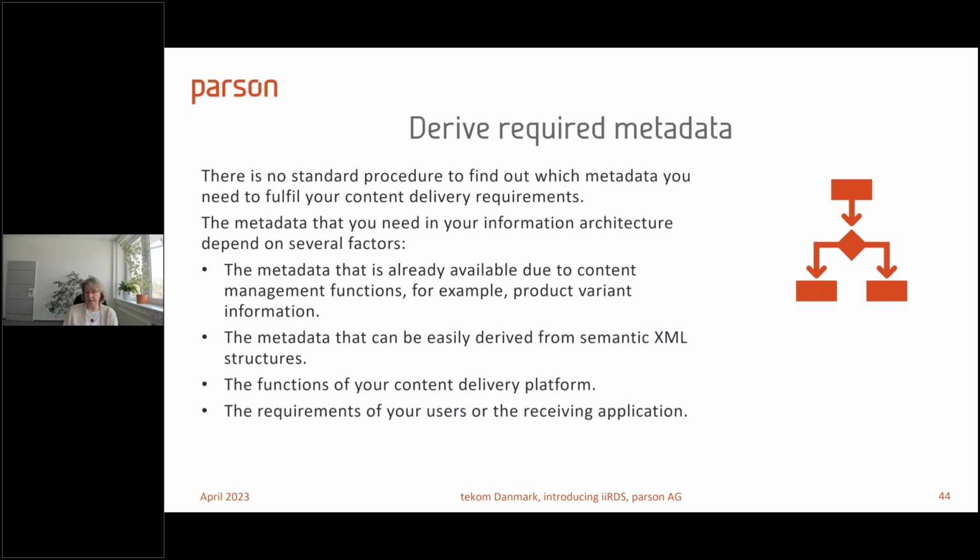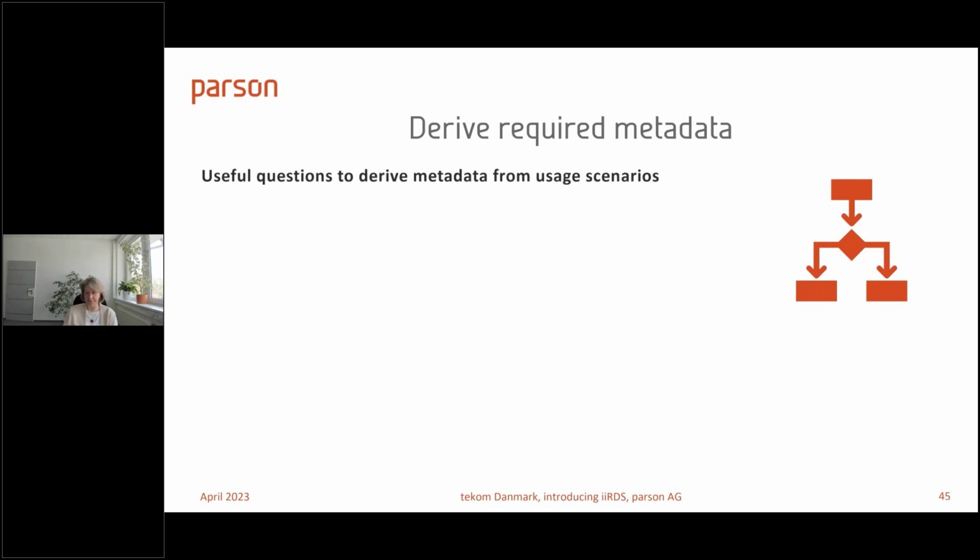Then you have metadata that can be easily derived from your XML structures, like the topic types. Then you need to take a look at the functions that you want to provide in your content delivery application, and the requirements of your users. What do they want to search for? Do they need search facets, for example? And then this is a good way of finding the right metadata.